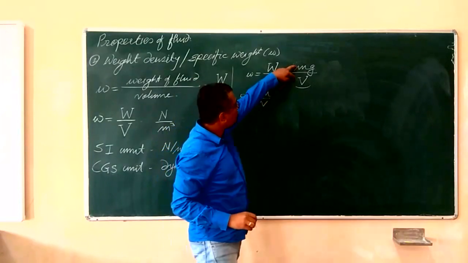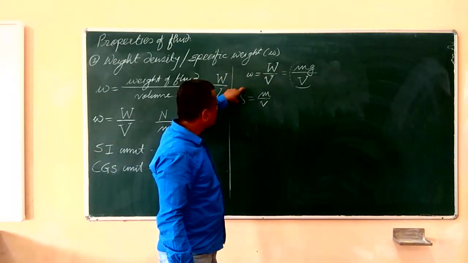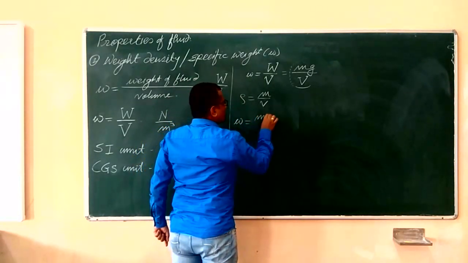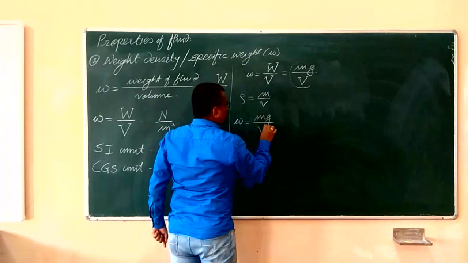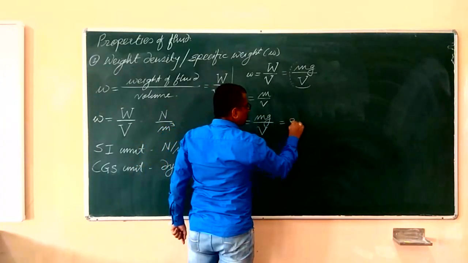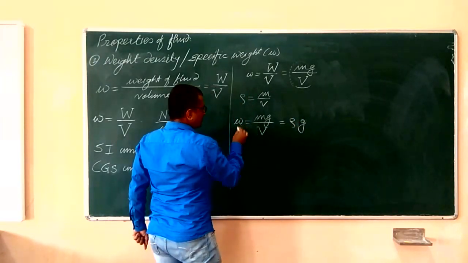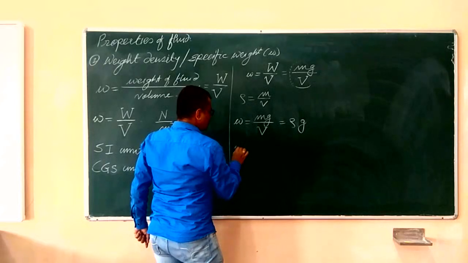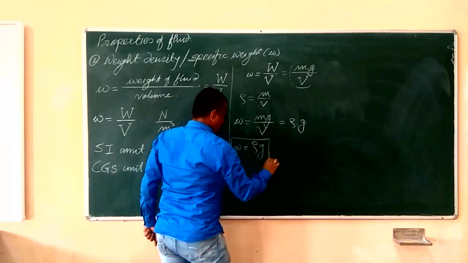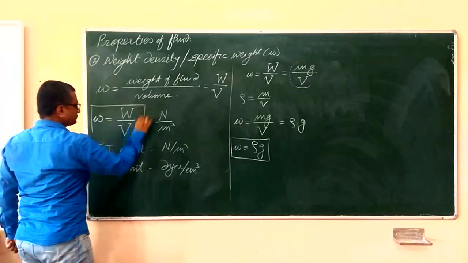So this mass by volume in the formula of the specific weight, we can replace by the term density, and hence the small w will be equal to mg divided by capital V, and as we know m by V can be represented as rho. So this is equal to rho into g. So this is one more formula for the specific weight, that is small w equals rho g. This was the first formula we got.